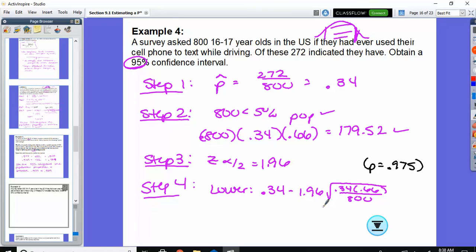And that gives me 0.307, or 0.3072 if you did 4 decimal places.